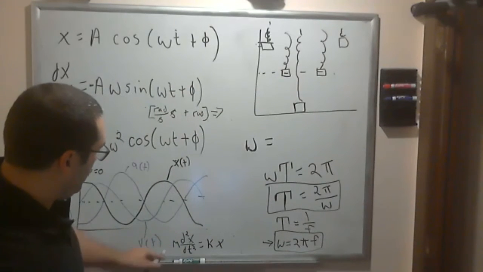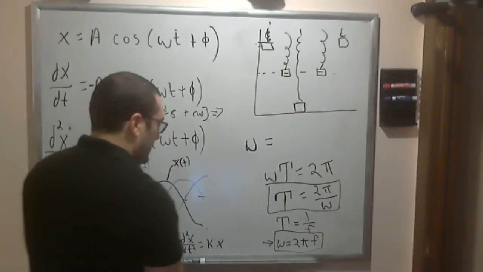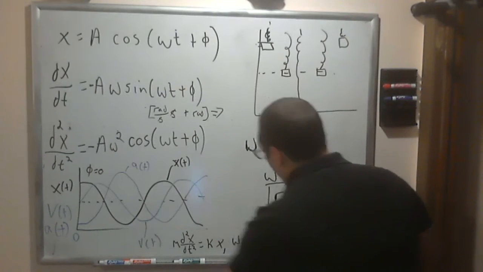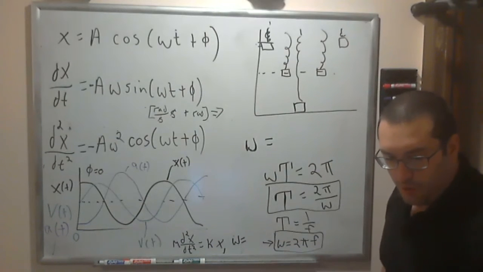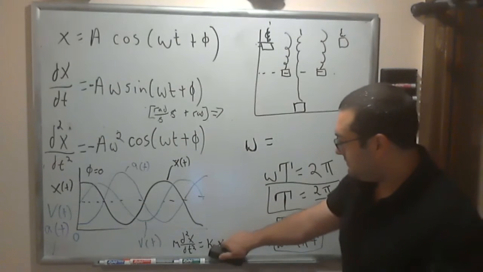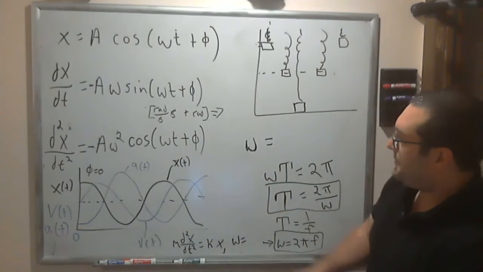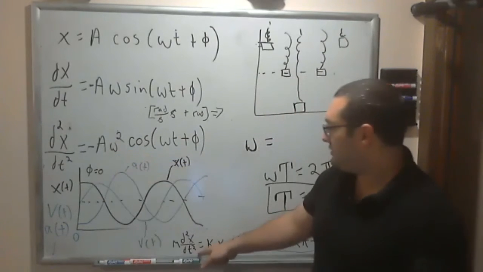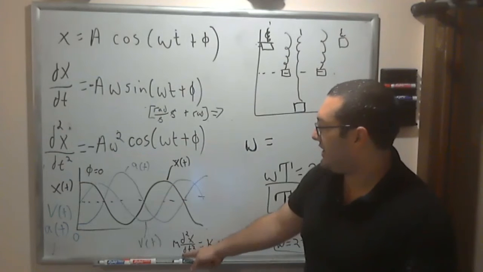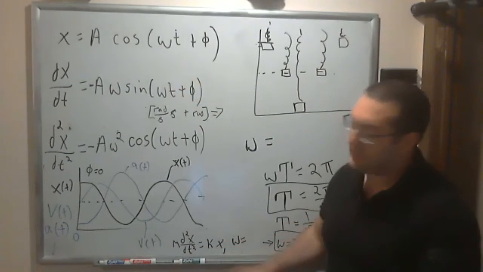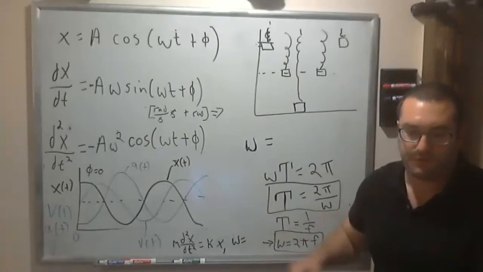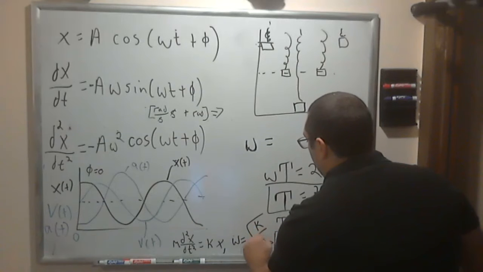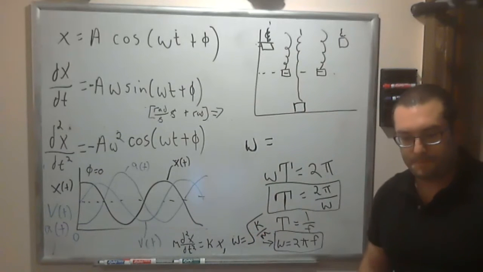And when we solved it before, we found that omega, the angular frequency, corresponded to k over m, right?